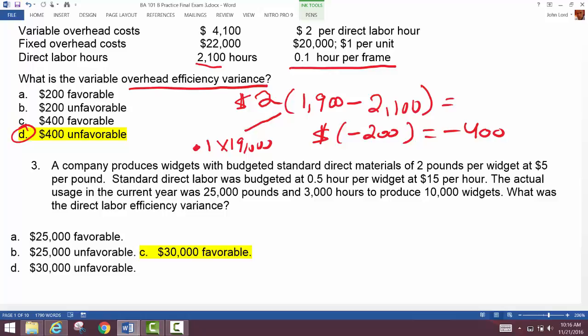All right, so let's go ahead and take a look at this one now. We are going to get the direct labor efficiency variance. Direct labor efficiency variance is going to be what?